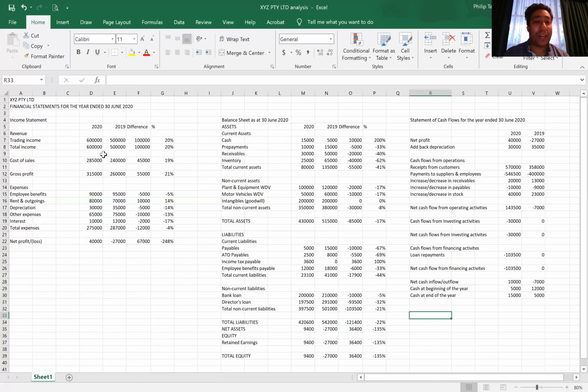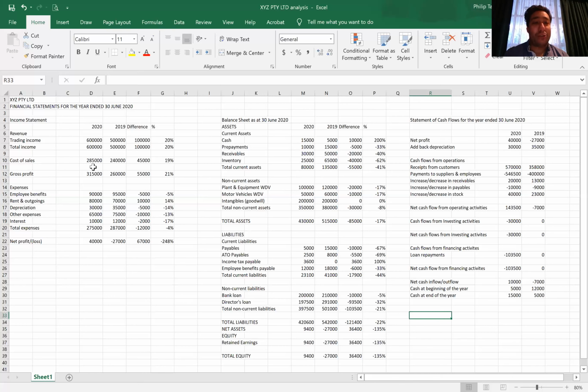Now, your cost of sales, on the other hand, in 2020, $285,000. 2019, $240,000. Now, at this stage, an income statement for a trading business with inventory and stock will have revenue, cost of sales, a gross profit, and then the expenses in its main categories, and then a net profit.